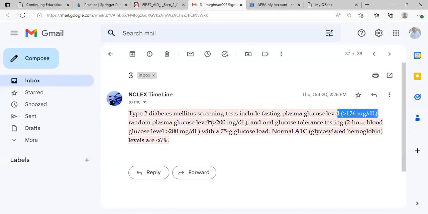The random blood glucose level is supposed to be more than 200 milligrams per dL. For the oral glucose tolerance test, the 2-hour blood glucose level is more than 200 milligrams, with a 75 gram glucose load. And the normal hemoglobin A1C, called glycosylated hemoglobin, level is less than 6.